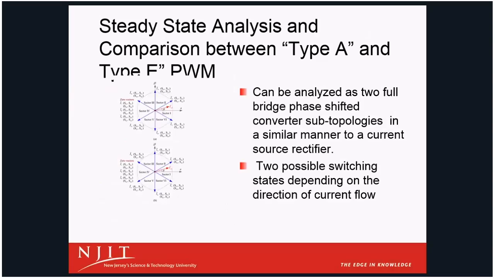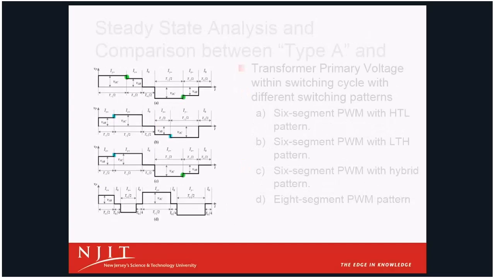In this case, they'll be analyzing sector one, which moves from negative 30 degrees to positive 30 degrees, and it shows the different switching actions that are needed. Depending on your current flow, there are two possible switching states. If your current is positive, you're looking at the top vector analysis, and if it's negative, you're looking at the bottom one.